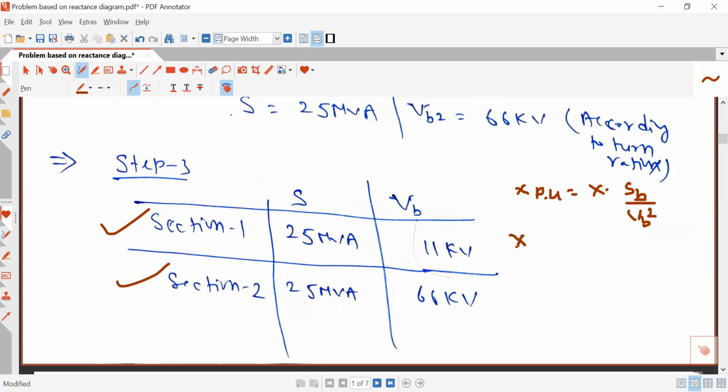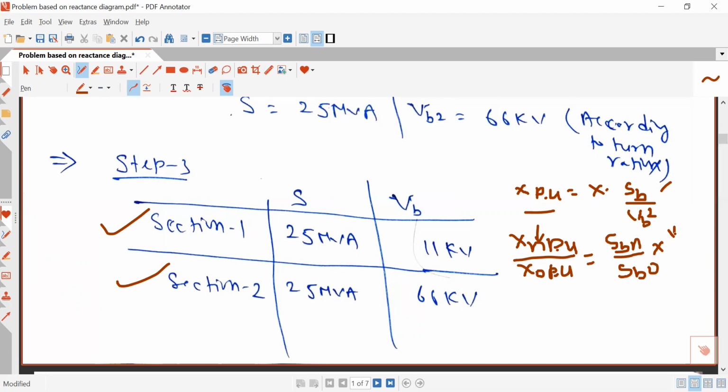If you want reactance on some new base, N represents new and O represents old value of reactance known to you, then X new per unit divided by X old per unit will be SB new by SB old, because reactance is directly proportional to MVA base, and reactance is inversely proportional to voltage base square.